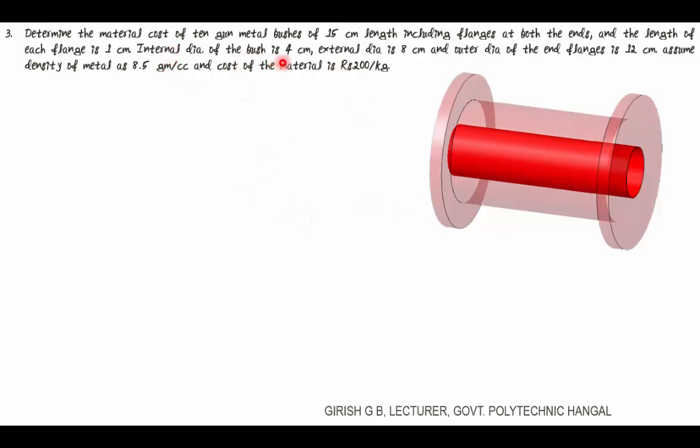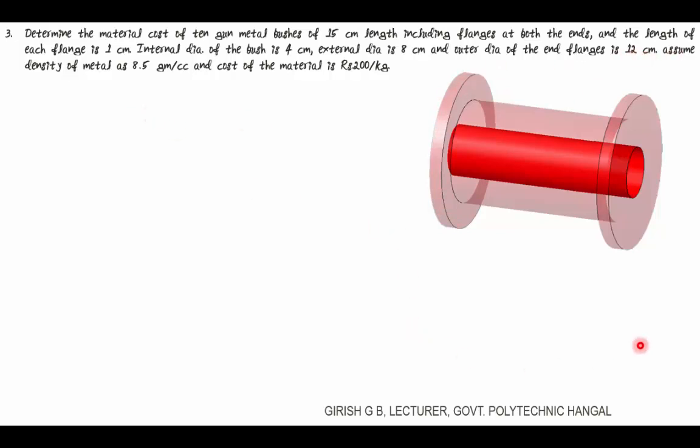Internal diameter of the bush is 4 cm. That is the diameter of this hole. External diameter is 8 cm. This bush's external diameter is 8 cm, but the flanges' diameter will be greater than this diameter. Outer diameter of the end flanges is 12 cm. This flange and this flange, the outer diameter is 12 cm.